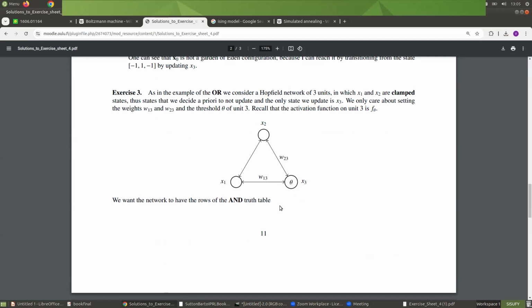But in my solution, which I presented half an hour ago, you don't require them to be clamped. We just set an initial state, and then we wait for the network to stabilize, and we saw that it will always stabilize to all zeros if we did not start with this equal to 1, and it will stabilize to all ones if these were both set to 1.